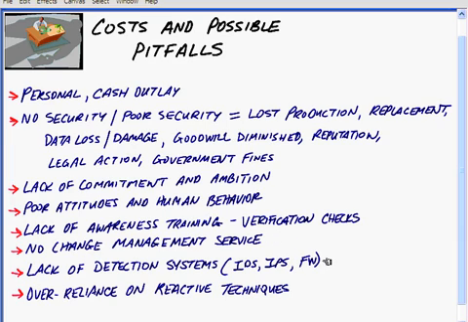Another downfall is the simple lack of resources to go and introduce detection systems into your organization. Intrusion detection systems, intrusion prevention systems, firewall systems. And finally, there's a general over-reliance on many organizations on reactive techniques. In other words, waiting for the incident to happen, waiting for the attack to happen, and then reacting.